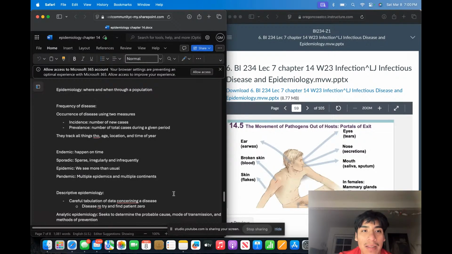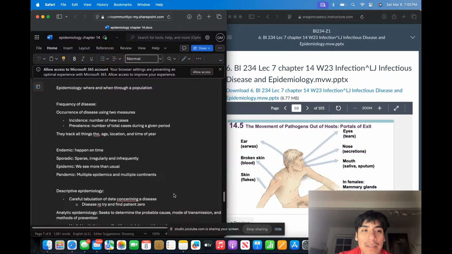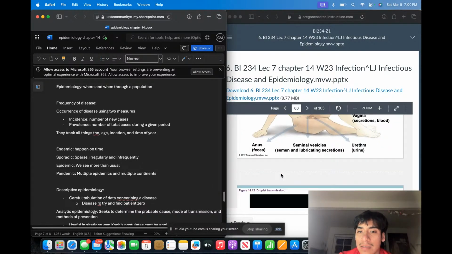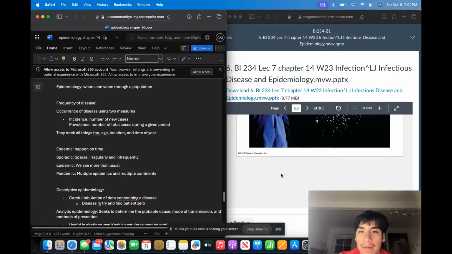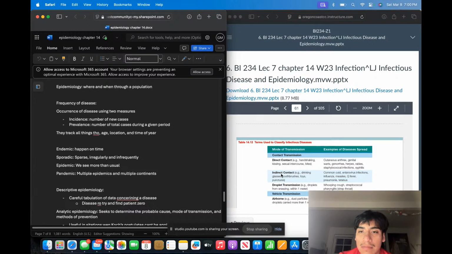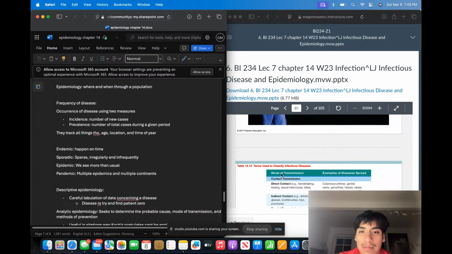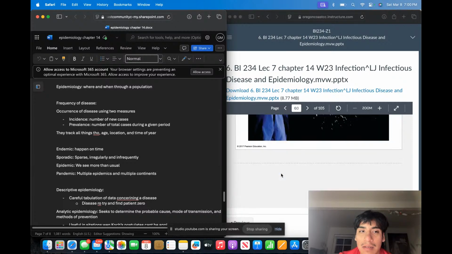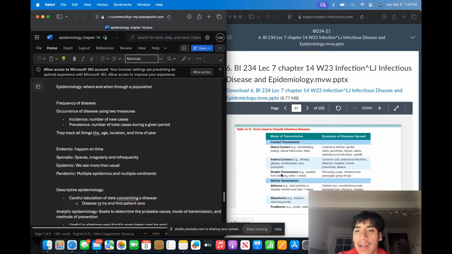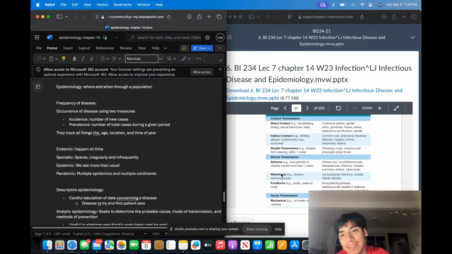Where and when throughout a population, frequency of disease, occurrence of disease using two measures. I don't think we need to know this, but we'll read over it to give some more context so the rest of the information sticks.